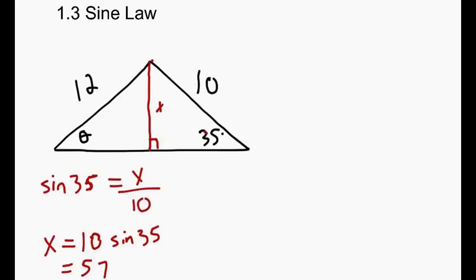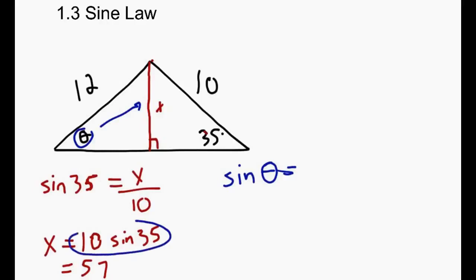Then the next step would be, let's figure out the missing angle that we have here. So we have opposite again and hypotenuse, so it would be sine again. So we'd use sine of the angle we're looking for would equal our 5.7. But instead of writing it as 5.7, I'm going to leave it as this step.